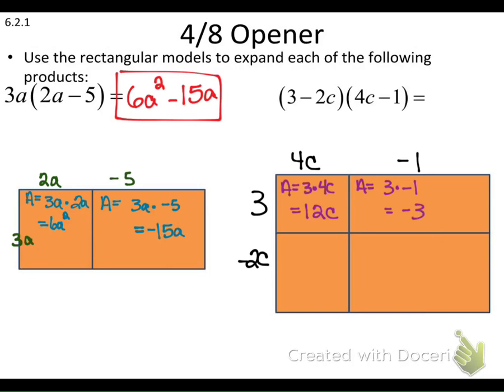Perfect. Bottom left, Kaylon. -2C, right? Times +4C, which equals -8C squared. Nice. Second power. Yes. And bottom right, AJ.